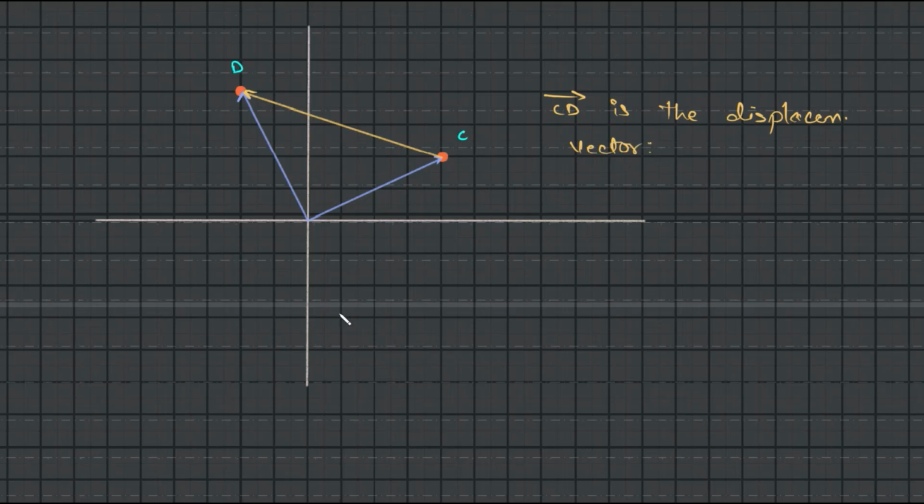Now, what is the position vector of point P? So let's write that part by part. Position vector of C, not P, sorry. C is, so we have 1, 2, 3, 4: 4 i cap and 2 j cap.